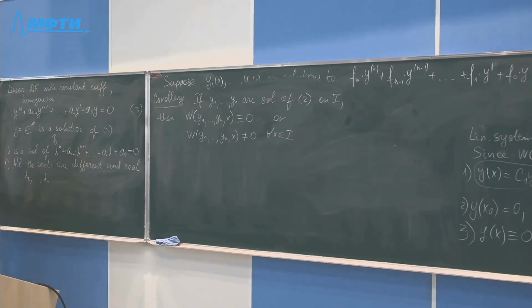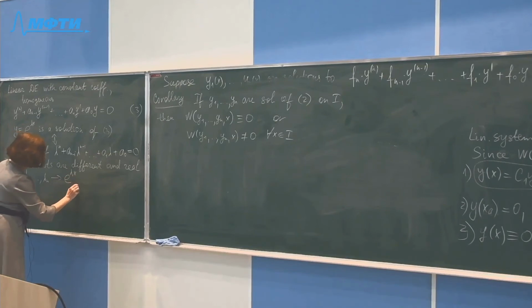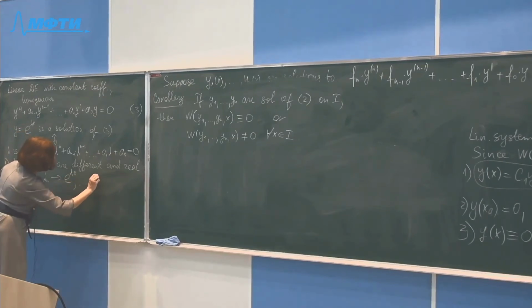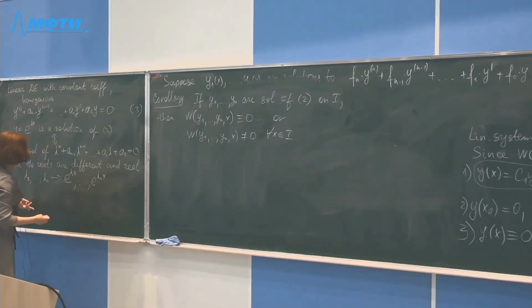They are different, and then we can form n linearly independent solutions e to lambda 1 x and so on, e to lambda n x. They are linearly independent. This can be proved if we find the Wronskian. The Wronskian is equal to the Vandermonde determinant.